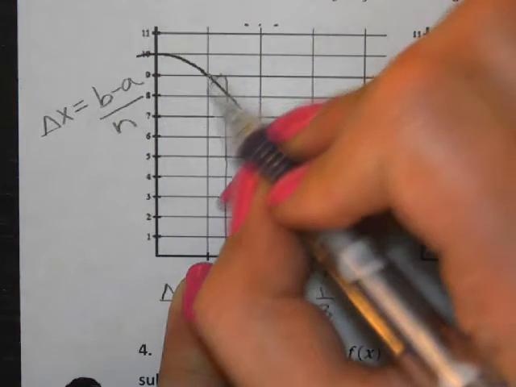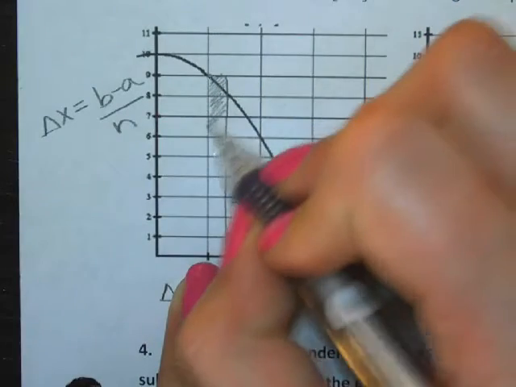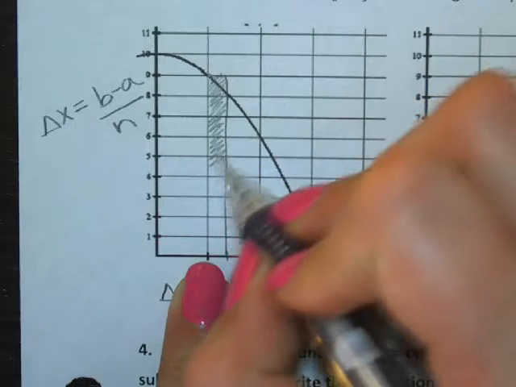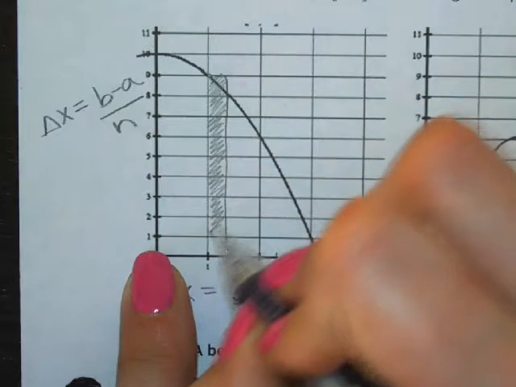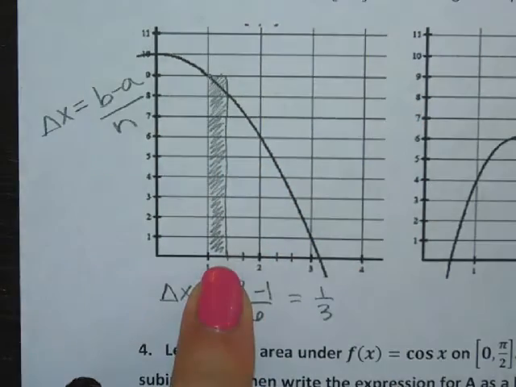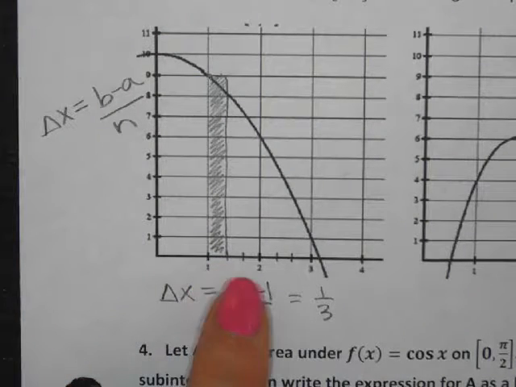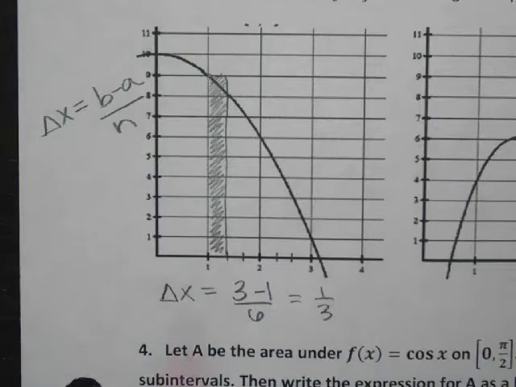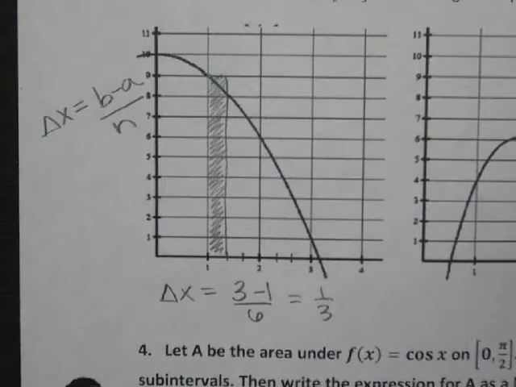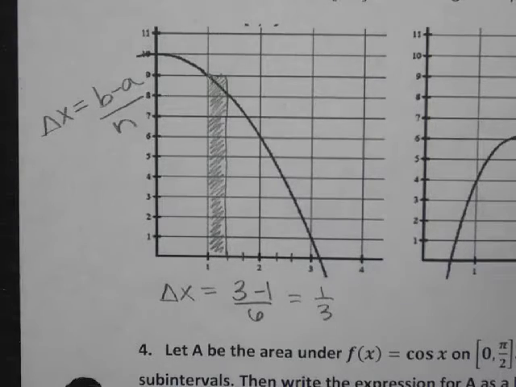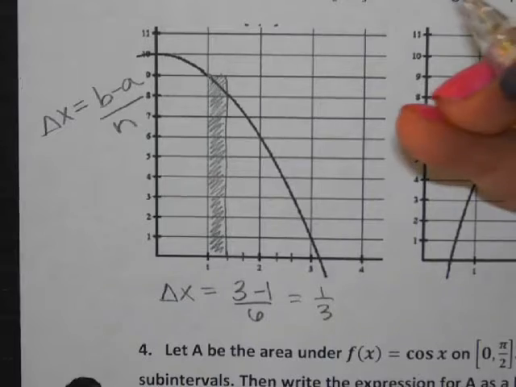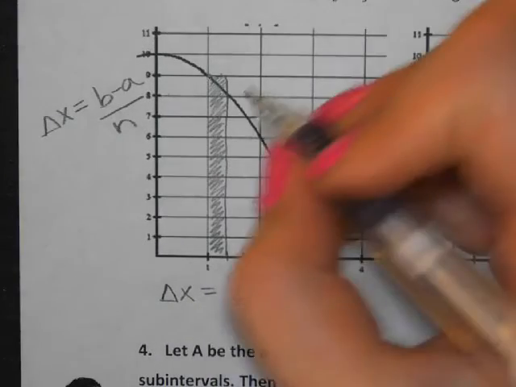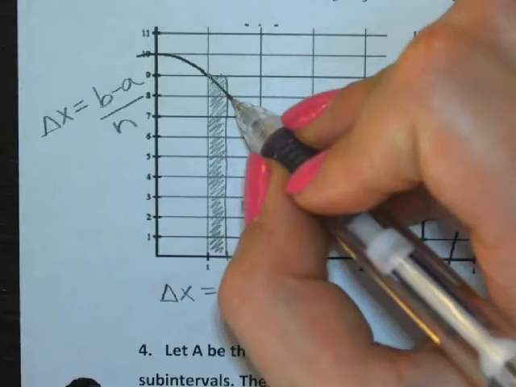I'll go ahead and make it filled in so you guys can see it. Is that rectangle an overestimate or an underestimate? Overestimate. We have that little bit of space above. Okay. Our next rectangle, we're going to use the left corner. We're going to use the left endpoint again.